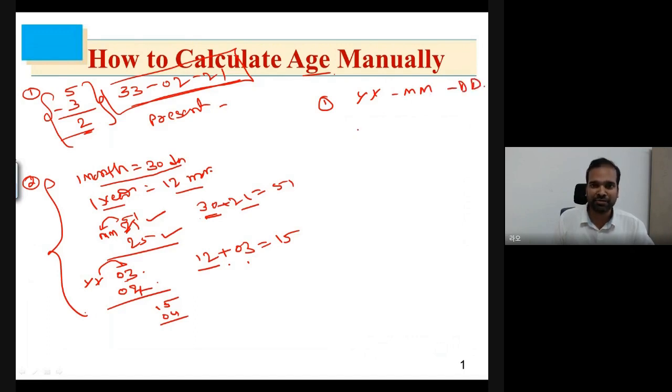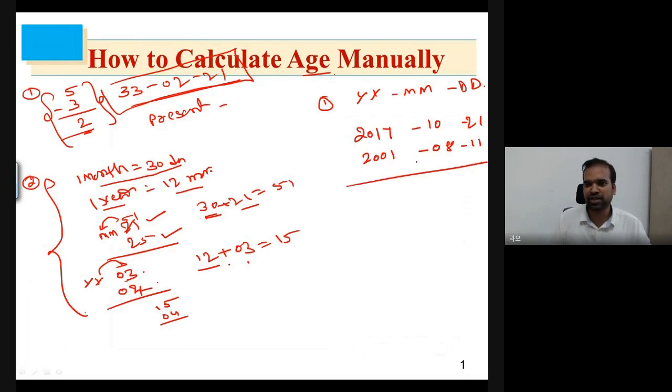So what is the higher value? Today's value. For example, if you consider 2017 and 10/21 is today's date, you need to enter the lower value, that means your date of birth. For example, here I am taking 2001 minus 08 minus 11.